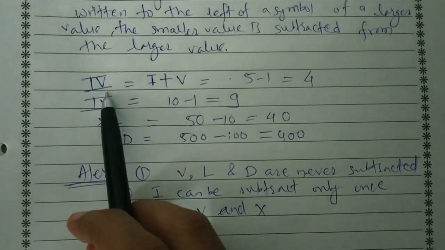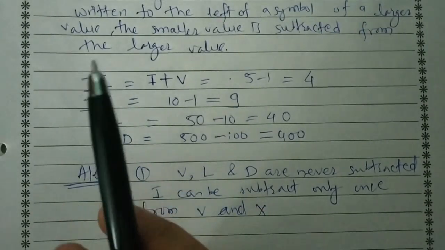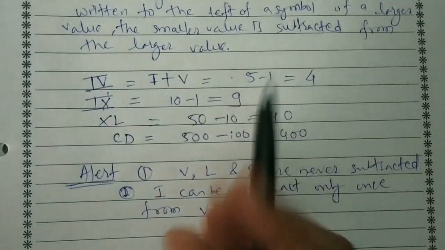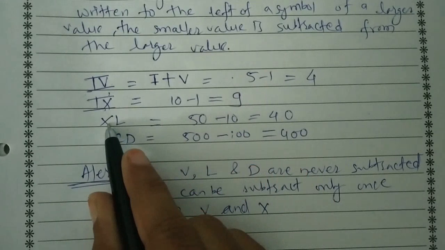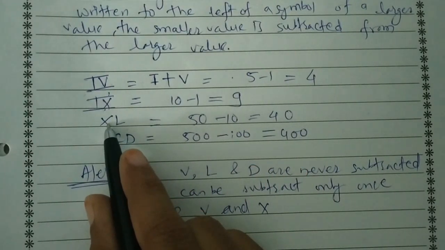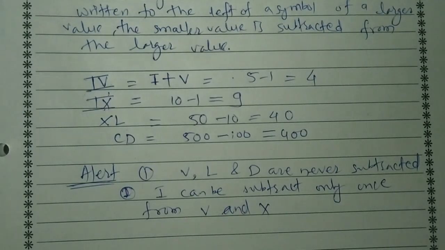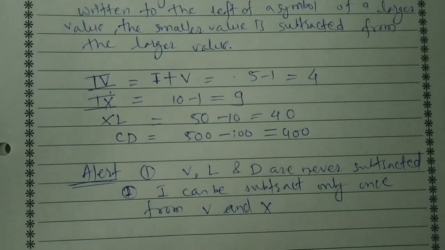So you can do this I subtraction only once, and that also from 5 and 10, not from the others. And we have X. X can be subtracted from L and C, that is also only once. And you can write Roman numerals with the help of these rules, okay?